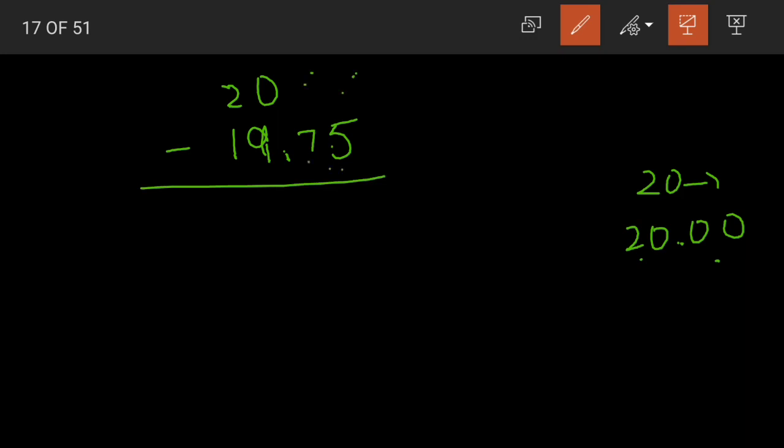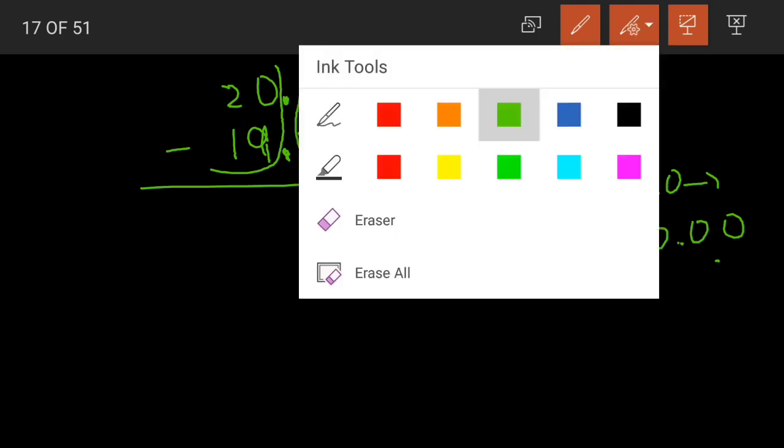So that is why I am putting a point here and then writing 0, 0 paisa. Understood? Even here if you observe, both the decimal points are in the same place. These are the rupees, these are the paisa. We are not mixing them up with each other.